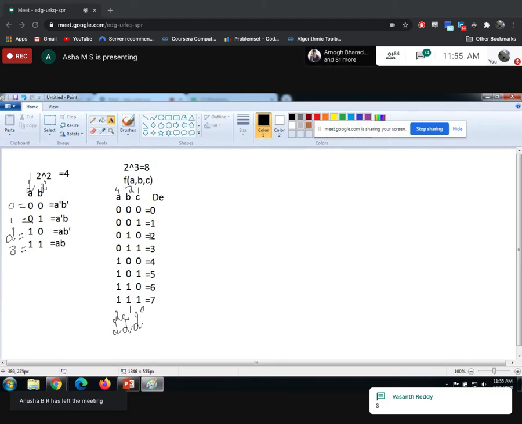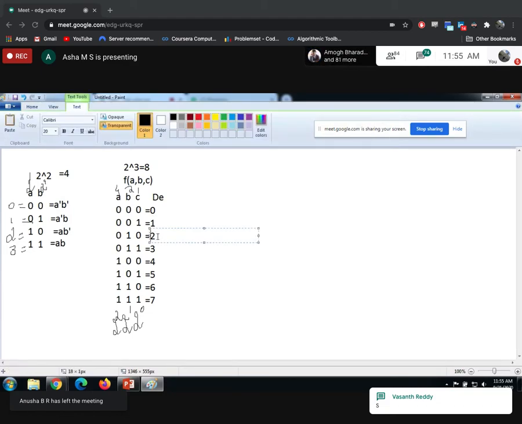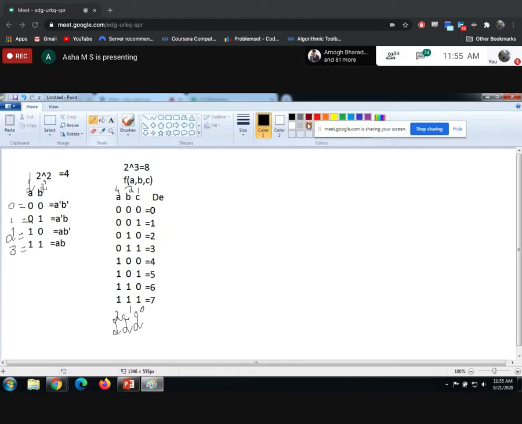Next decimal number is 2. In these 3 bits, which bit is 2? The second bit. So this bit represents 2, correct, right? Only that bit should be marked with 1. The remaining two bits should be 0.